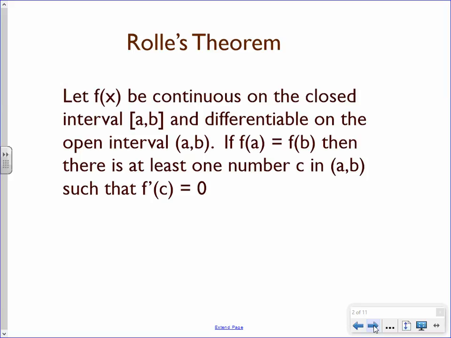And that's what we illustrated with all the pictures that we drew on our paper. So as long as we're continuous and differentiable and our function heights are the same, then we know at least once there will be a point where the derivative is 0.